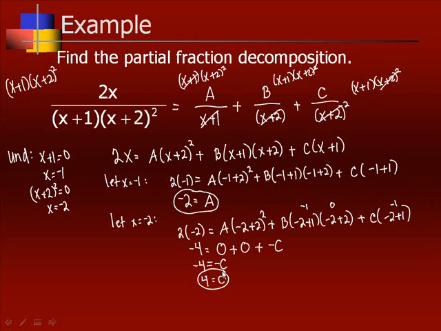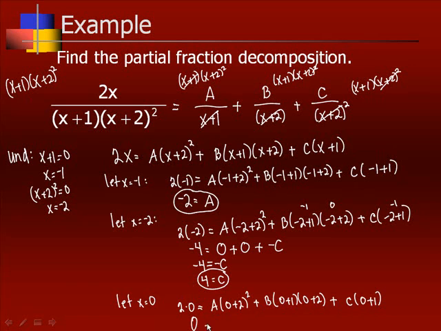Now, we're still not through. We don't have B. We're out of undefined points, so let's just plug in 0, which is going to be pretty easy. If we plug in 0, we get 2 times 0 equals A times 0 plus 2 squared plus B times 0 plus 1 times 0 plus 2 plus C times 0 plus 1.